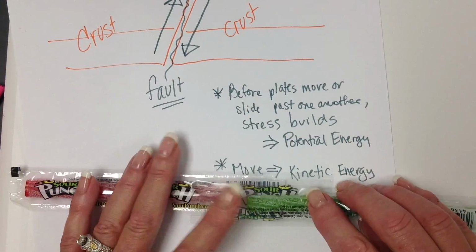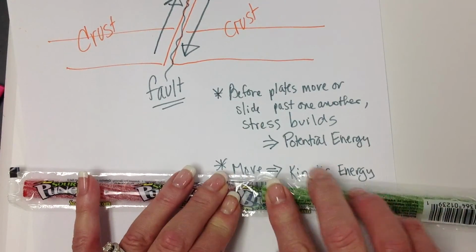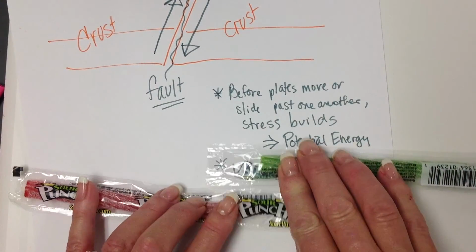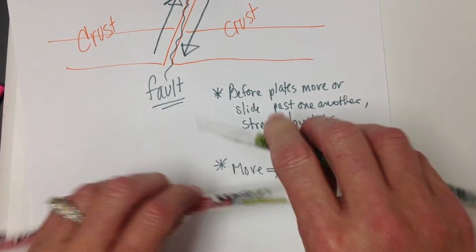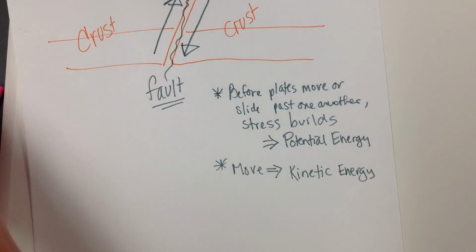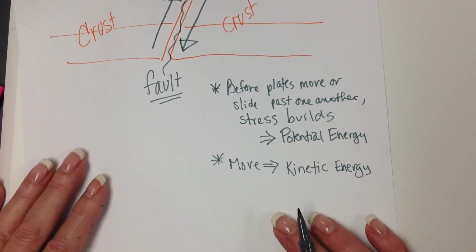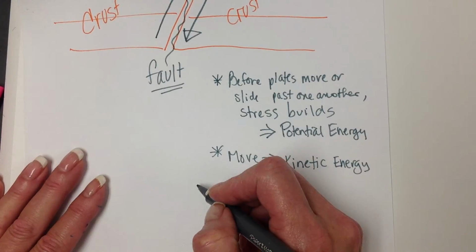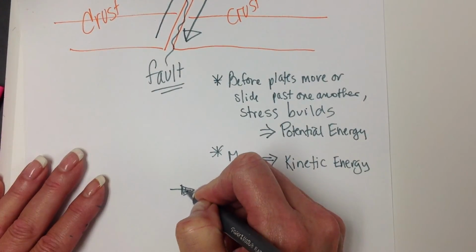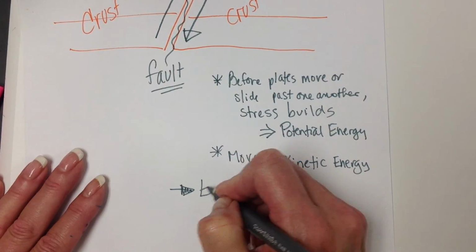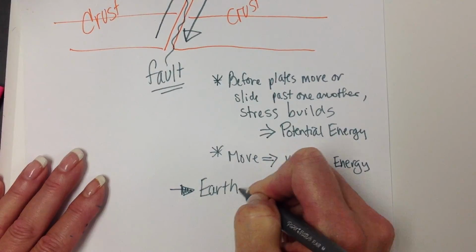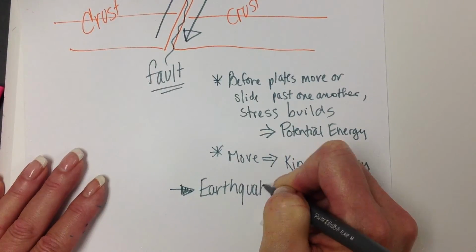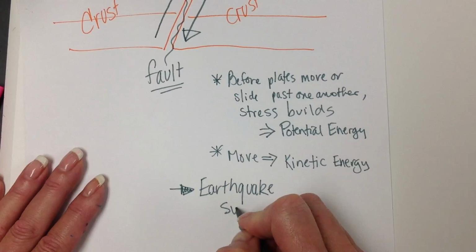It's not in the same place where it was. That's the whole transformation part. So now it's all messed up. So the changes along the surface. What has happened here? Well, we've had an earthquake. Surface has shifted.